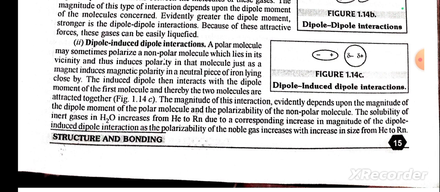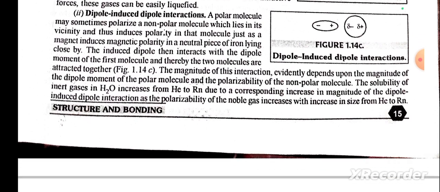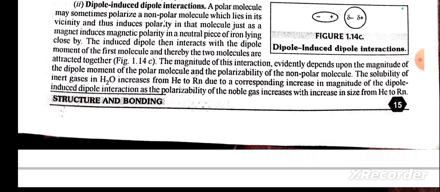Dipole-induced dipole interaction. A polar molecule may sometimes polarize a non-polar molecule which lies in its vicinity and induce polarity in a neutral molecule lying closer to it. The induced dipole then interacts with the dipole moment of the first molecule, and therefore the two molecules attract each other. The magnitude of the interaction depends upon the magnitude of the dipole moment of the polar molecule and the polarizability of the non-polar molecule.